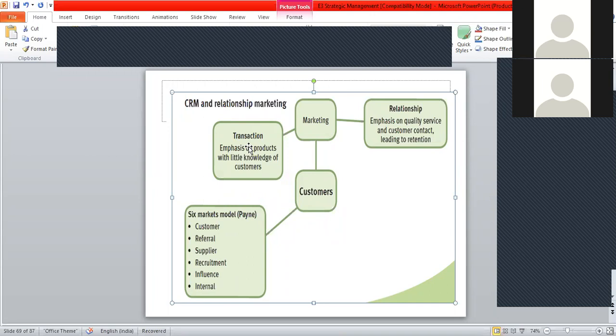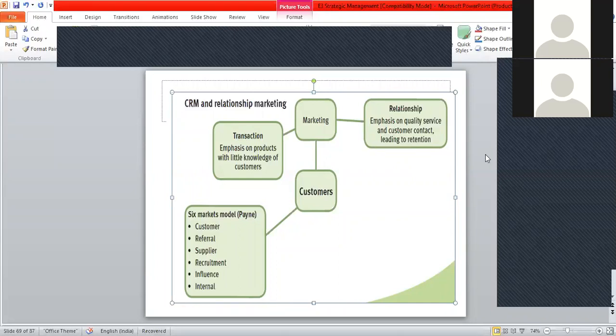Then we have relationship marketing, wherein a relationship is maintained with the customer. The emphasis is on maintaining a relationship with customers, on quality services and customer contact leading to retention of the customers. So marketing of the products should now be taken up, as a part of the downstream supply chain.